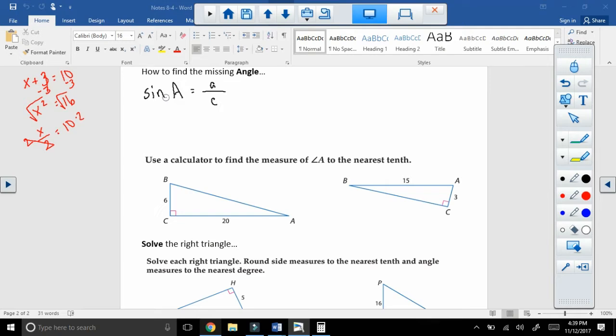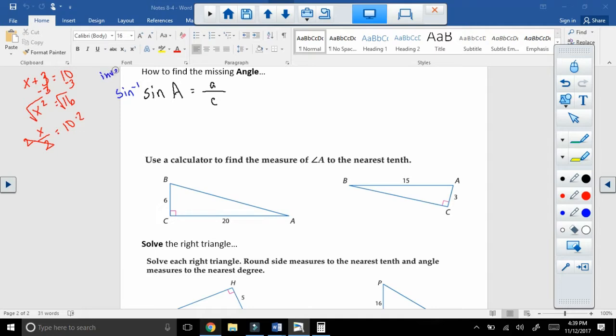And this is going to be hard to remember, but I think maybe you can do it. The inverse operation for sine is called inverse sine. I know, that might be tricky to remember. And it looks like sine to the -1 power.